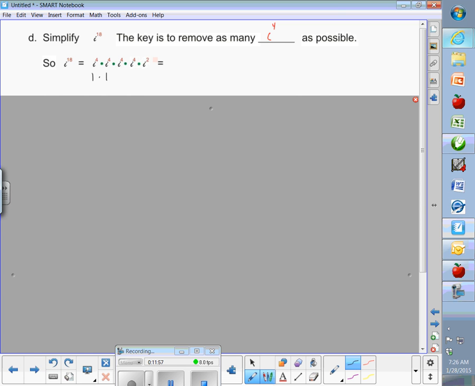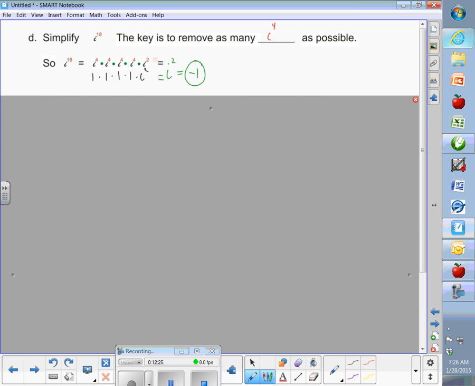Each of those I to the 4ths is a 1, times an I squared. Go back to your chart. What's the value of an I squared? I, negative 1, negative I, 1. So we really end up with I squared, which is negative 1. That's the idea.